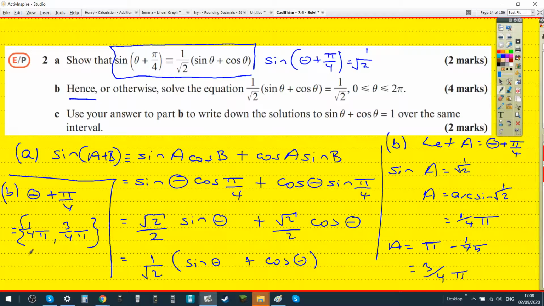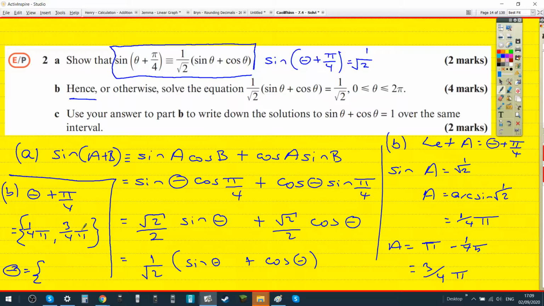And so theta, we subtract pi over 4 from those answers. Yep.